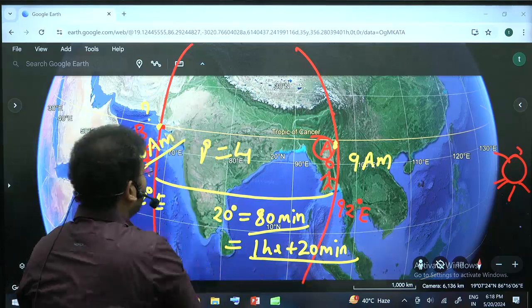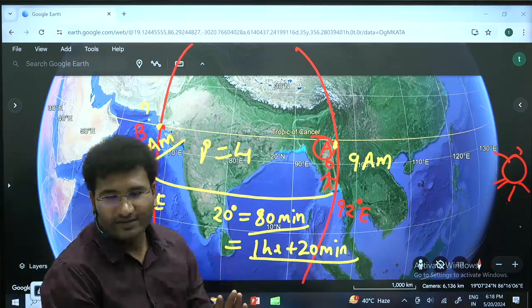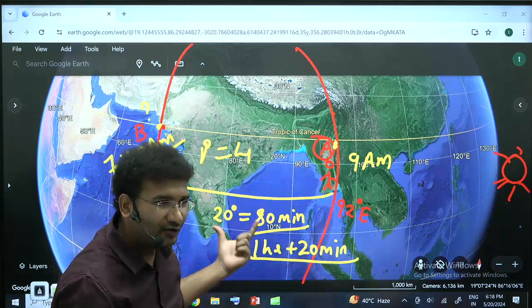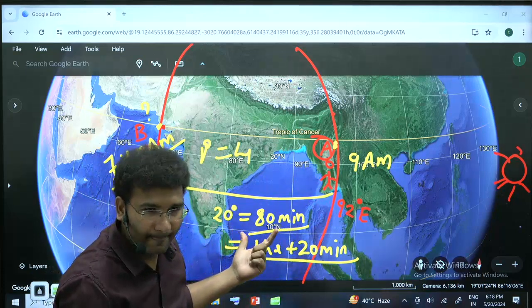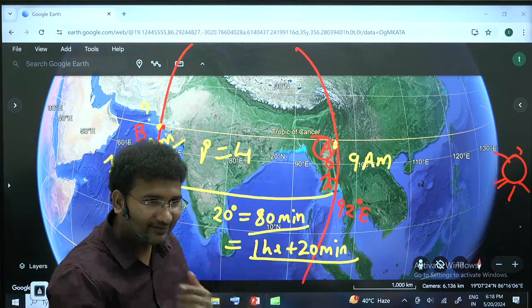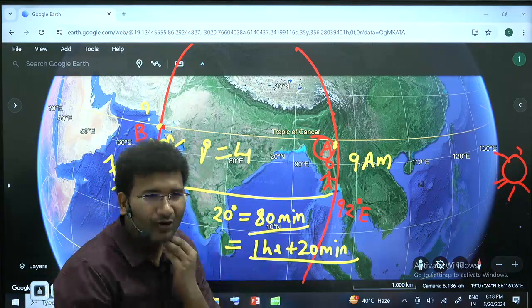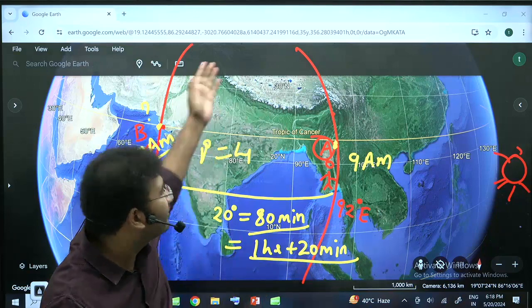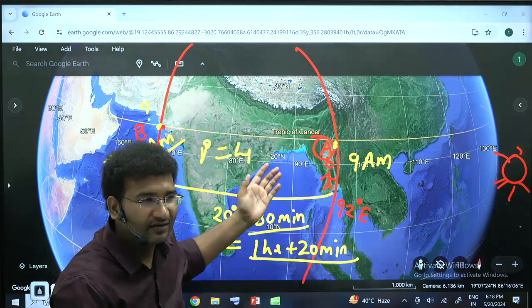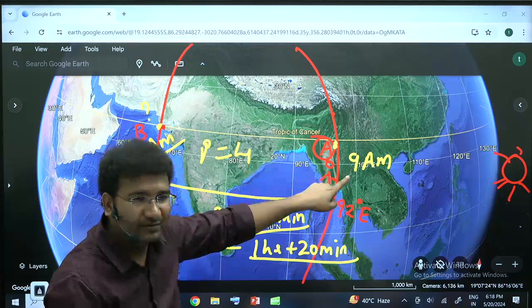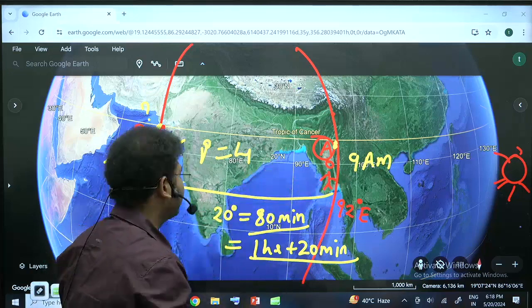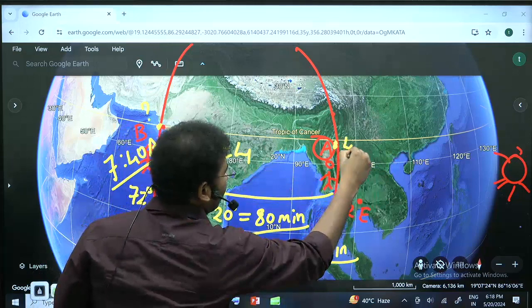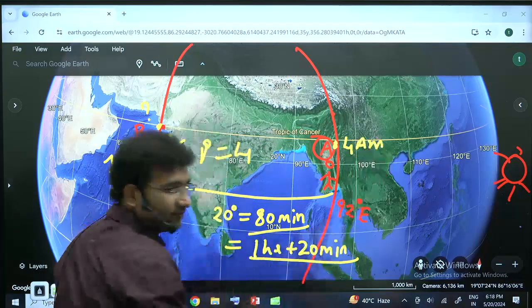But that means, look here, within India itself, the longitudinal variation is very high. Right? Yes. So all of this is a logistical challenge to India, because India is one country. In this one country, suppose the time here is 4 a.m. Okay?